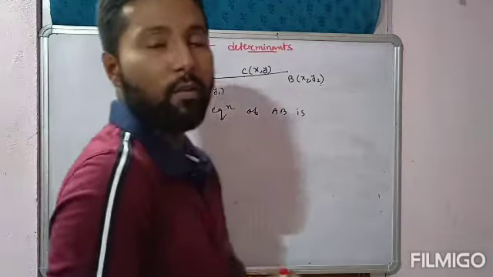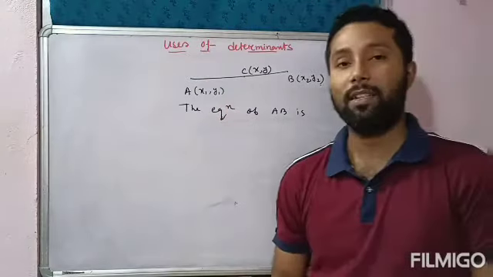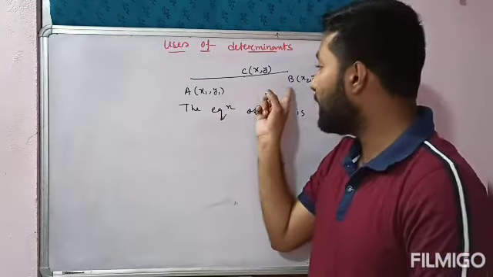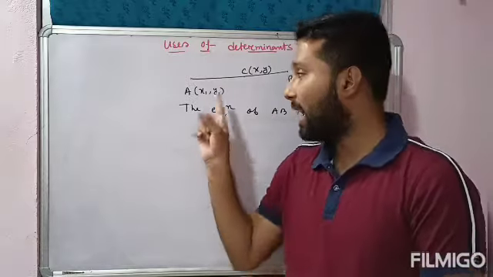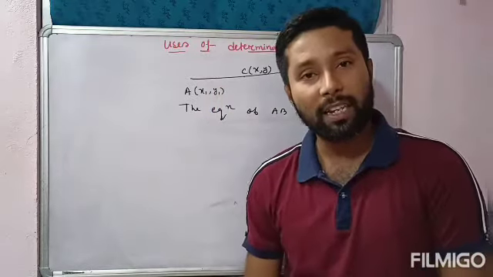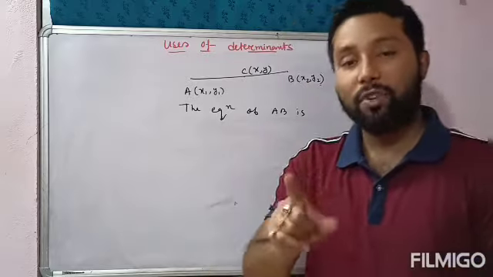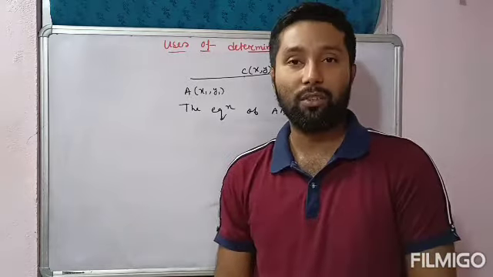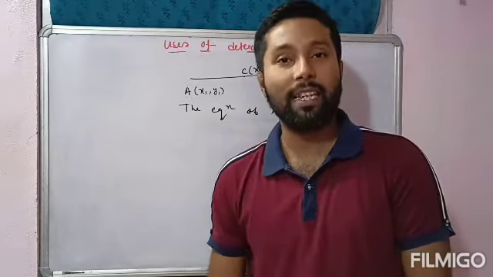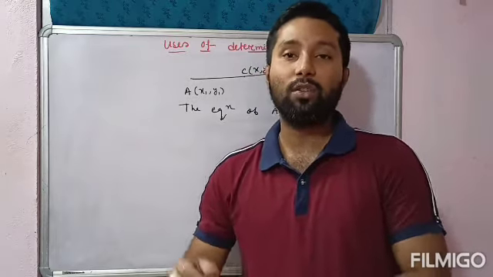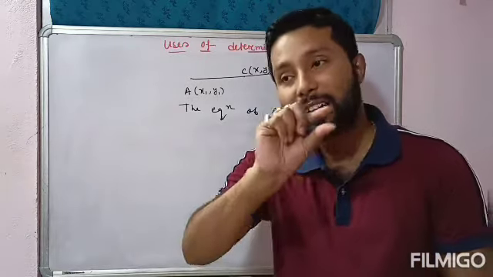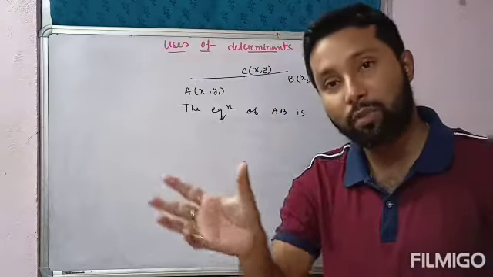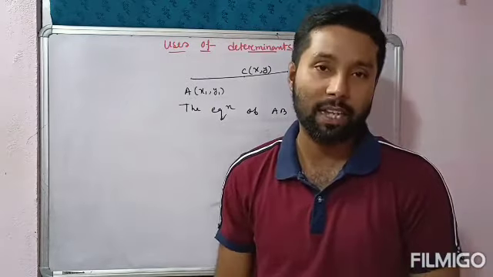Why did we need to take this third point? Because A and B will be given in the question only. The coordinates of A and B will be given in the question. If we have to find the equation of a straight line, there should be an unknown variable, right? If there is no unknown variable, then how can we write the equation? If everything is known values, how will we get the equation?